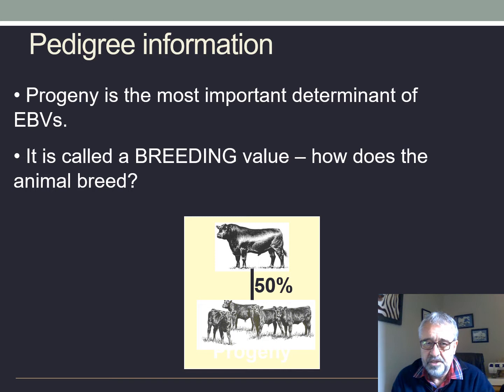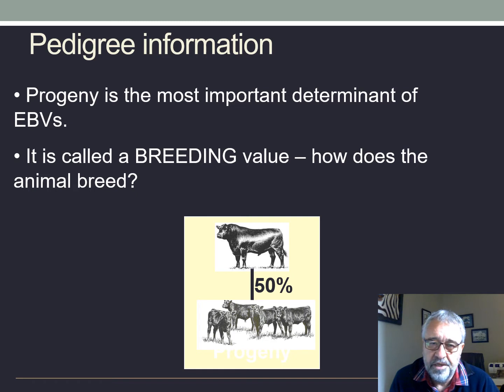So how much better or worse, higher or lower, will the progeny of a specific animal perform compared to the progeny of other parents? If you have progeny performance of an animal, it will increase the accuracy of your prediction, because it basically tells you what the difference in performance of the progeny is compared to the progeny of other animals.